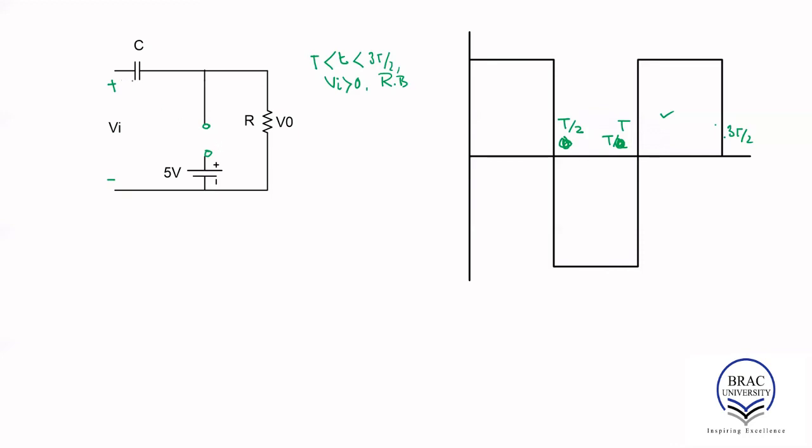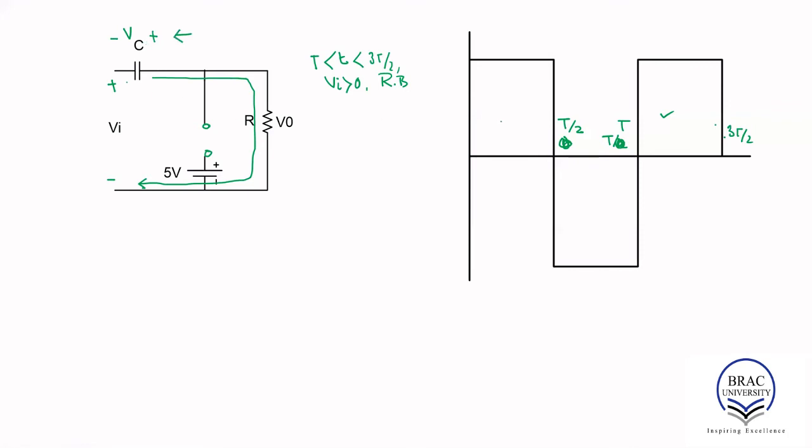The current will be flowing from the positive terminal to the negative terminal through the external circuit. That means the capacitor will no longer be charged because the direction of the current has reversed. The capacitor charging polarity was this. Since the current was flowing in this direction when the diode is on, that's why the capacitor was charging.